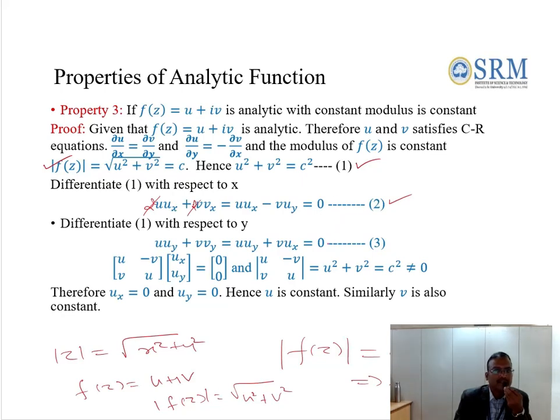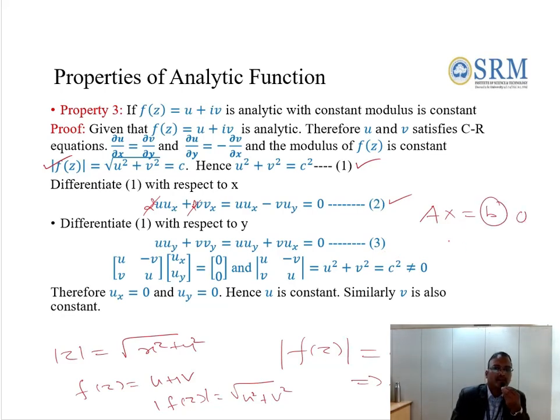Now we have two equations in terms of ux and uy. Then we can group them and write them as the matrix equation AX equal to B form. What is B here? Our B is 0.